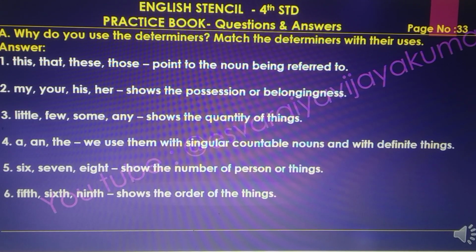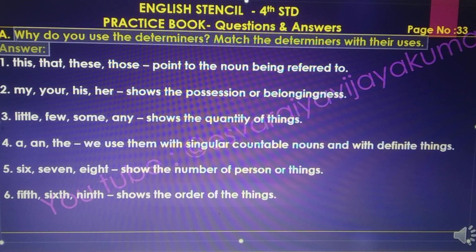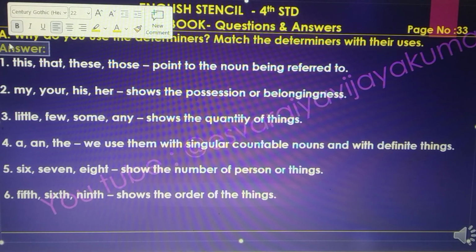Little, few, some, any show the quantity of things. A and the are used with singular countable nouns for definite things. Six, seven, eight show the number of persons or things. And fifth, sixth, ninth show the order of things. Here are the answers I have given, underlined.